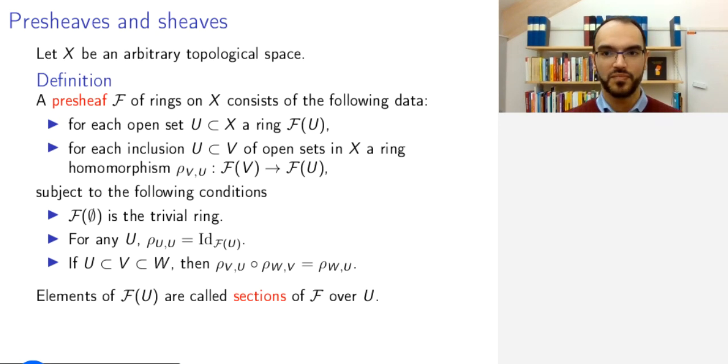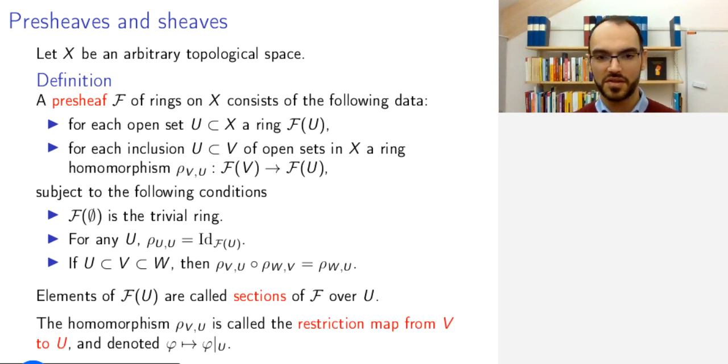So, some terminology: the elements of these F(U) that we thought of as functions, we call them sections. And these homomorphisms, as I have verbally said, are called the restriction homomorphisms, or the restriction maps. And we denote them by this vertical bar, as usual.